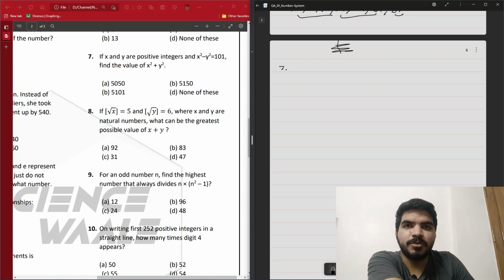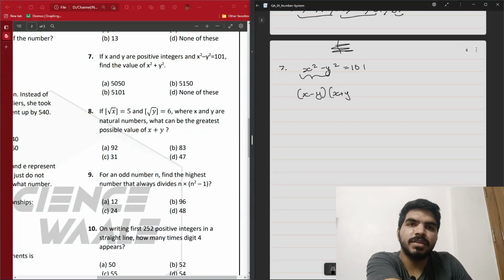Let me solve it for you. X square minus y square is equal to 101. How can you rewrite x square minus y square? X minus y, x plus y is equal to 101. Now given this, what is the special thing about it? It is a prime number.